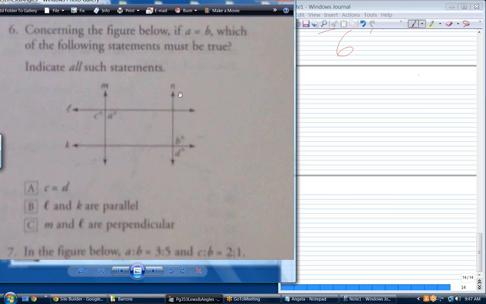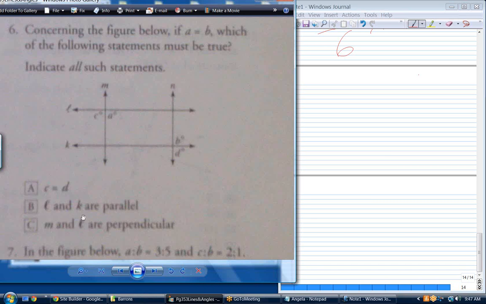Okay. And it doesn't make line N parallel to line M either. Because notice that as I rotate K and N, I change any parallel relationship that might have been. Right. Okay. So they're not parallel.